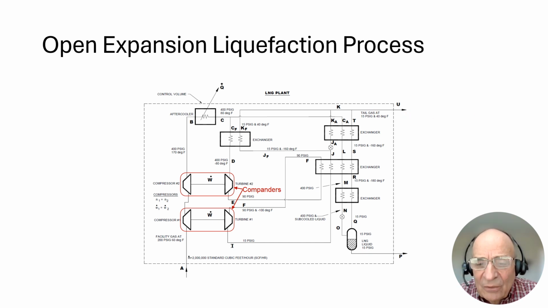So what's happening here with this feed gas? Well, it's 100% liquid at this point. Goes through the JT valve, flashes to liquid and vapor. The liquid is sent to the LNG tank, and the vapor is sent out to the distribution system. This is an open expansion liquefaction process.